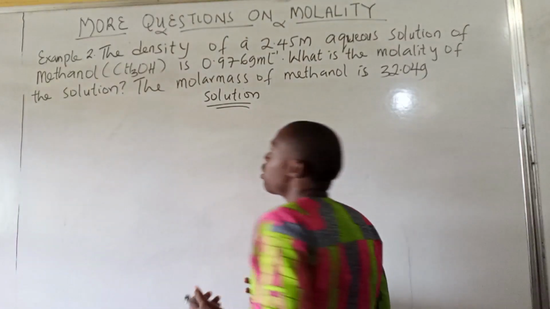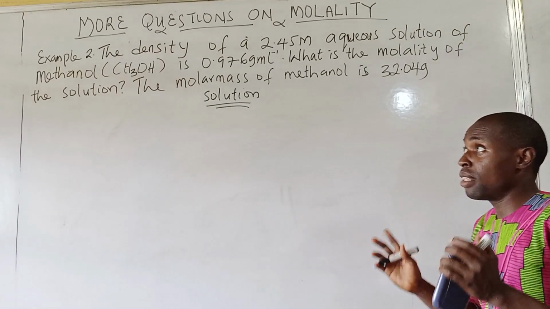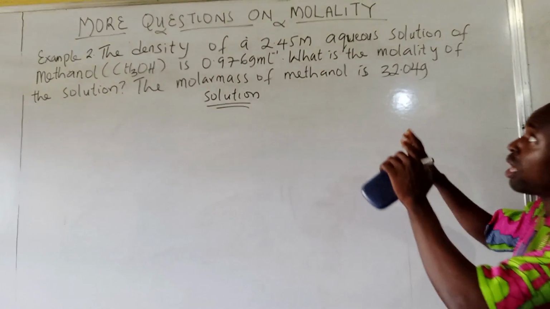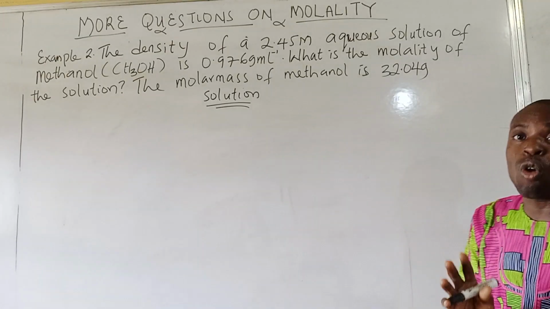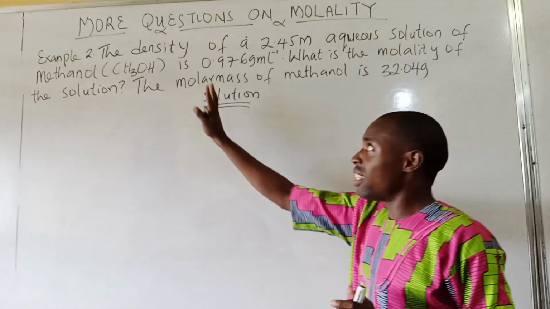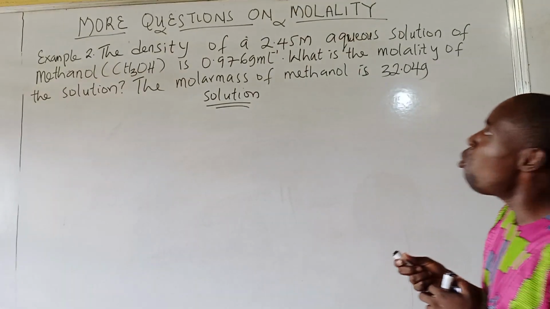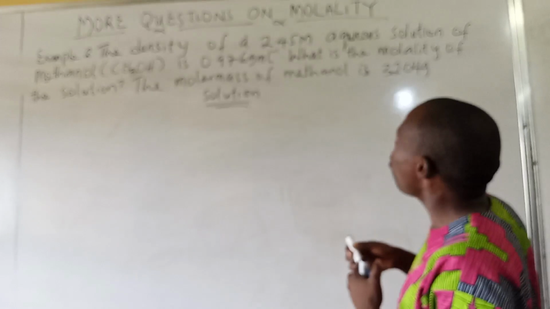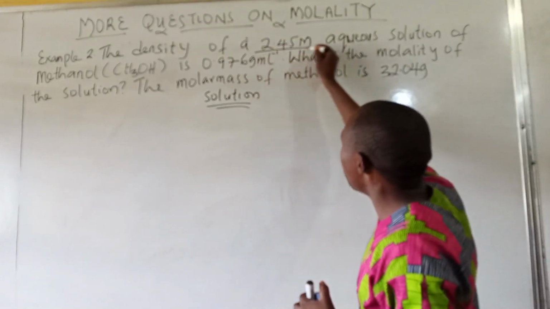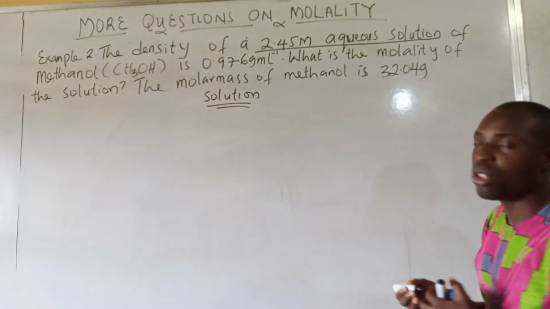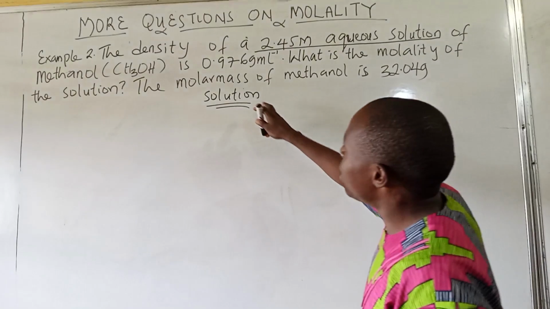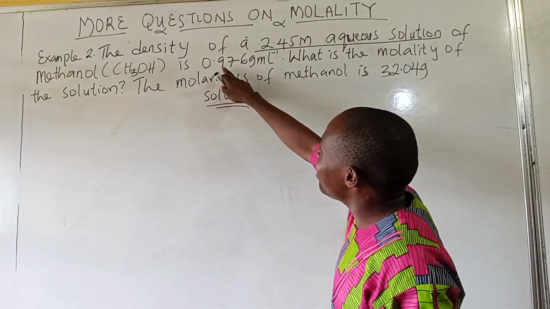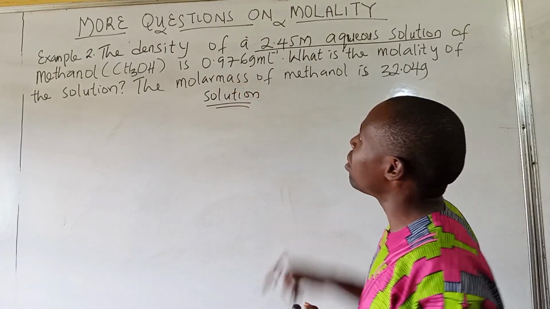Now we move to the next question, which is the last question for this particular video on molality. It's also a very tactical one. The question says the density of a 2.45 molar aqueous solution of methanol, which is the solute, is 0.976 gram per mL.